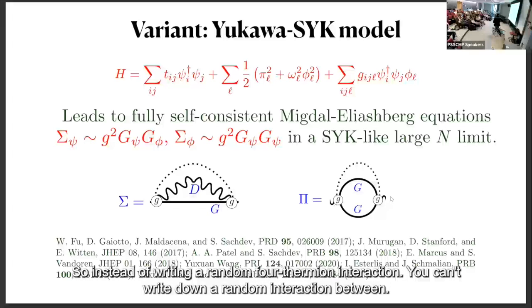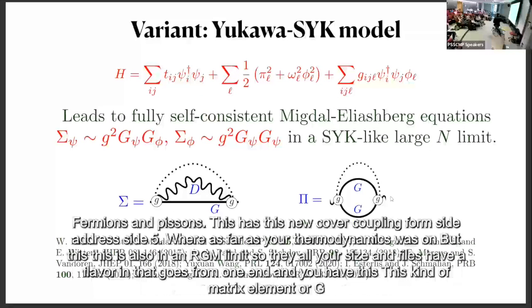So instead of writing a random 4 fermion interaction, we can write down a random interaction between fermions and bosons. And this has this Yukawa coupling form psi dagger psi phi, where psi is your fermion and phi is your boson.